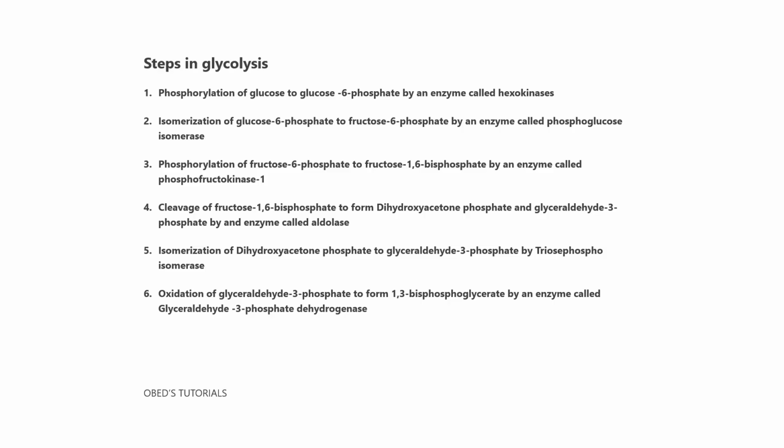of different compounds. We have dihydroxyacetone phosphate and then glyceraldehyde 3-phosphate, by an enzyme that we call aldolase. So this enzyme will just cleave the fructose 1,6-bisphosphate into dihydroxyacetone phosphate and then glyceraldehyde 3-phosphate.